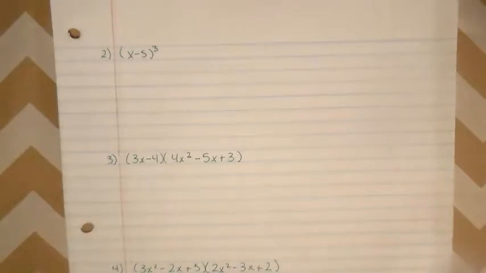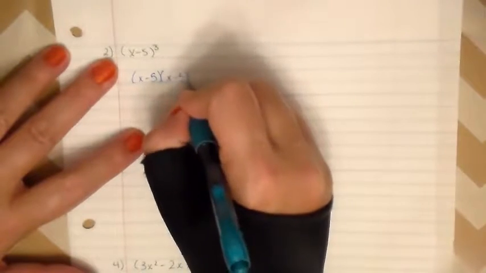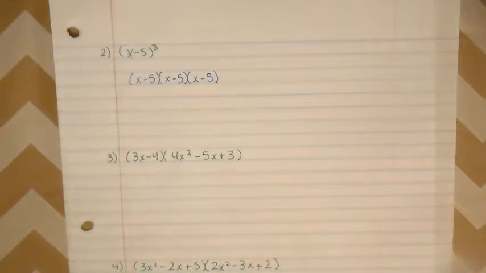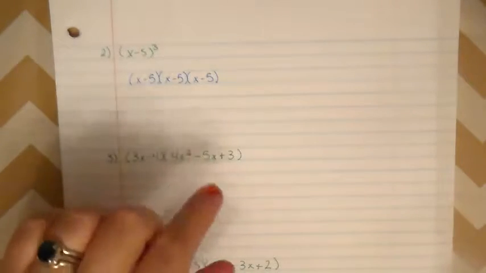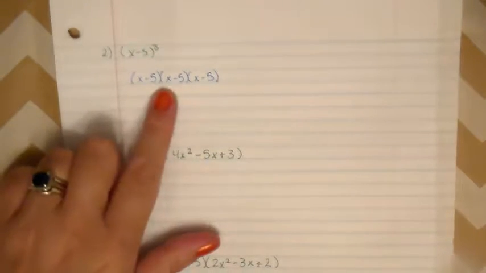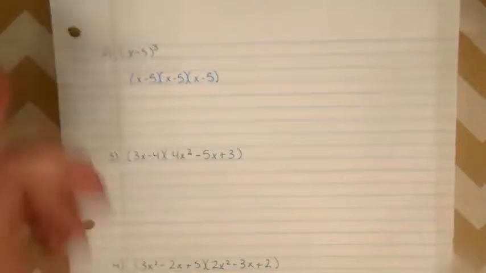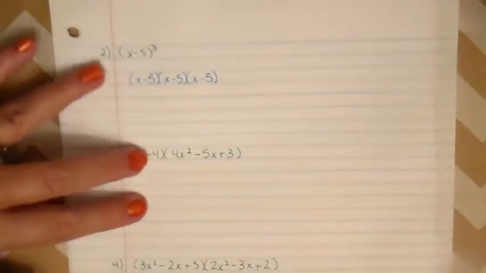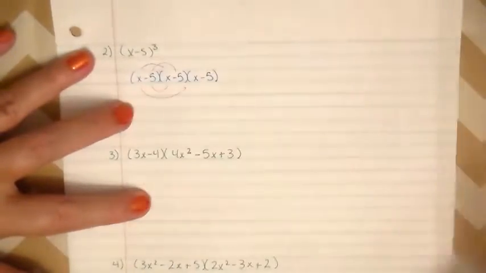Okay, one more squared. (x - 5). Oh, sorry, this is a cube. Okay, when I have a cube like this, I can only multiply two together at once. So, I'm going to FOIL the first part, and then I'm going to table the second part. So I'm going to FOIL this first part first: first, outside, inside, last.